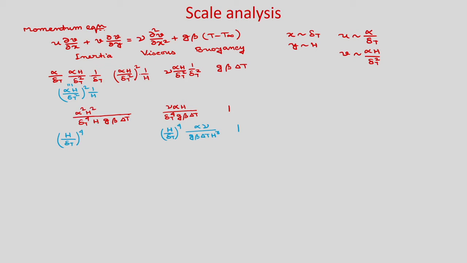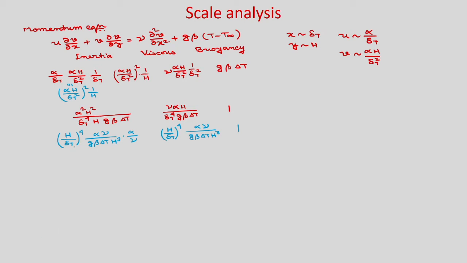So, in the numerator there will be h cube and this we can write as g beta delta t h cube. Okay. And we have alpha square. So, we will write alpha into nu and we have multiplied in the numerator nu. So, we will divide this in the denominator. So, it will be alpha by nu, because alpha square is there. So, it will be alpha by nu.